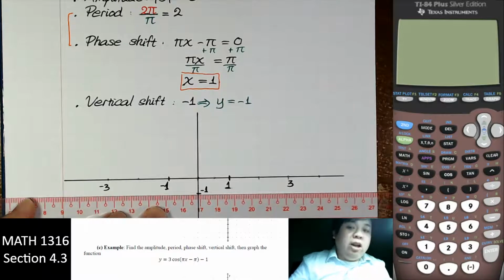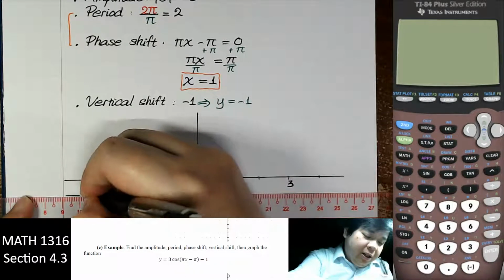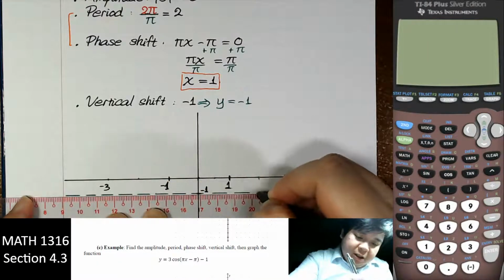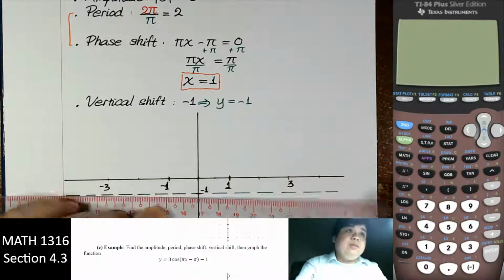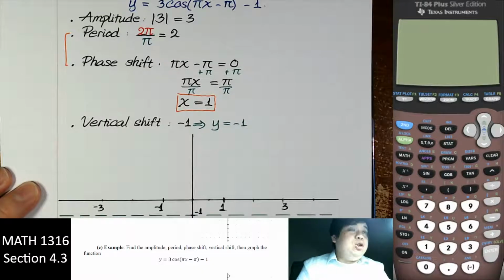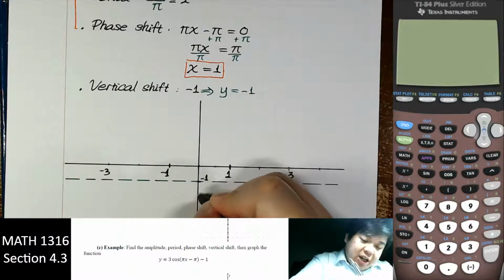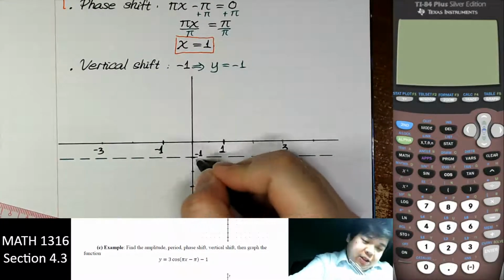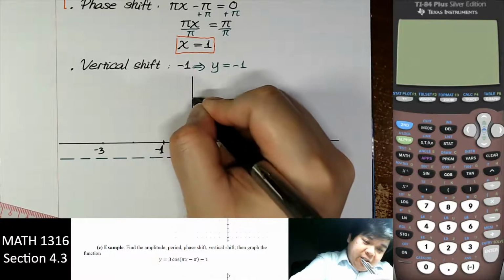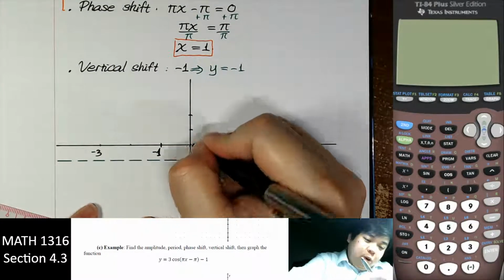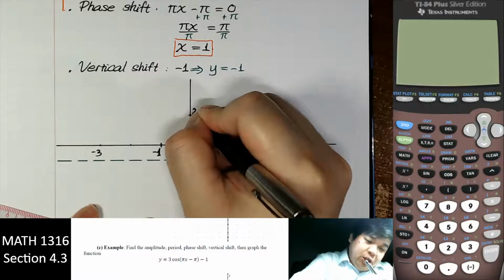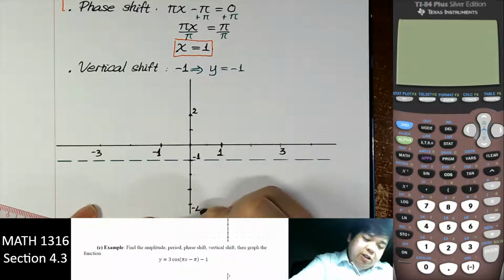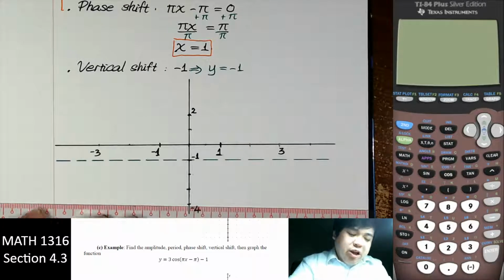We have the middle line at -1. And then the amplitude is 3, meaning from this center line we go 3 up and 3 down. So 3 up from -1: 0, 1, and 2. So there will be 2 on the top. And down: -2, -3, and -4. So the graph goes from -4 to 2.